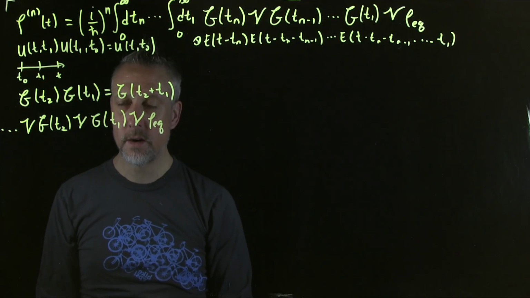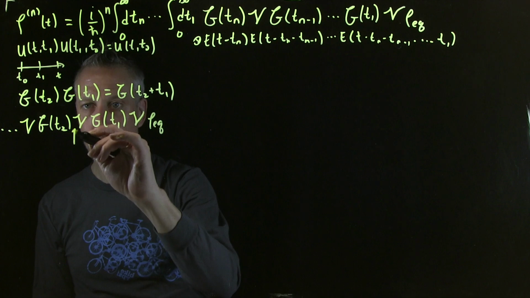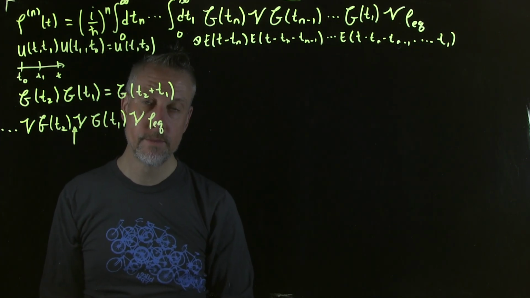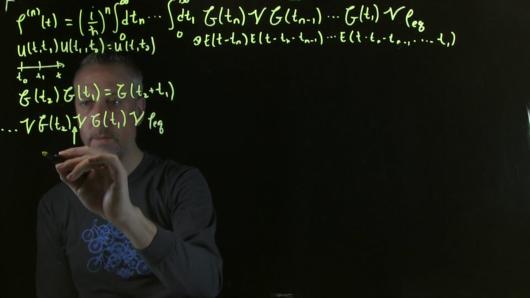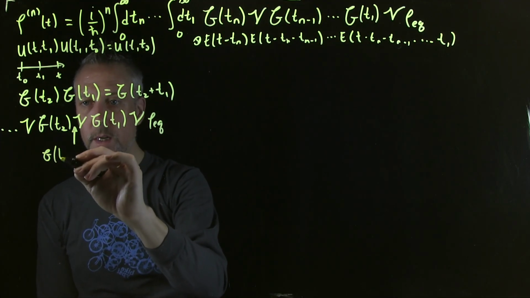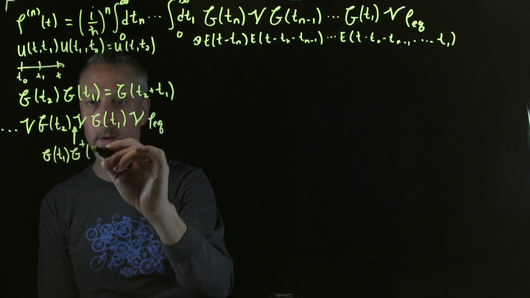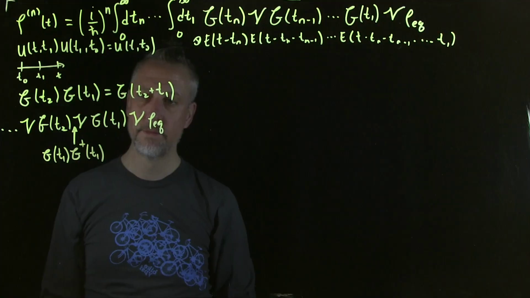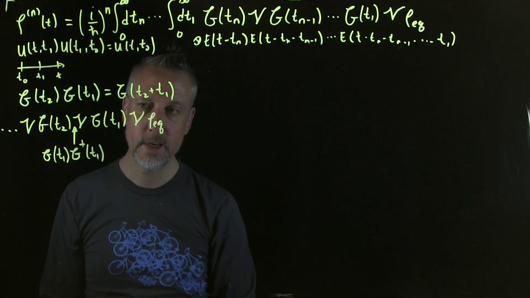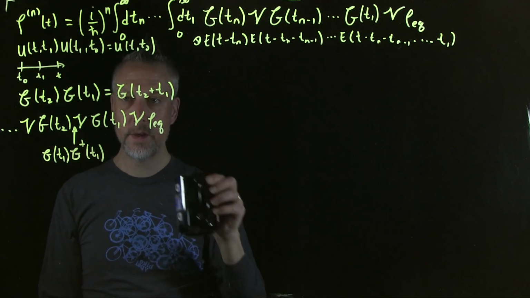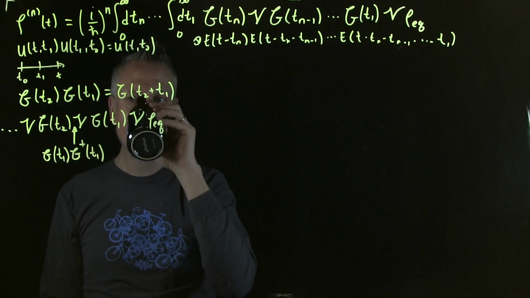Okay, so what we're going to do at this point is insert 1, which we can do by putting in G(t1) G dagger(t1). Certainly that's legal, because G is a unitary operator in Liouville space.